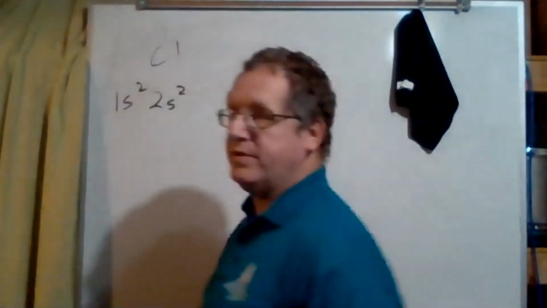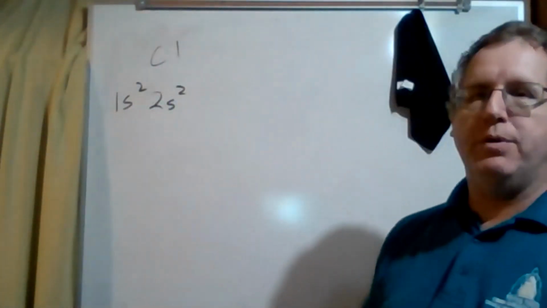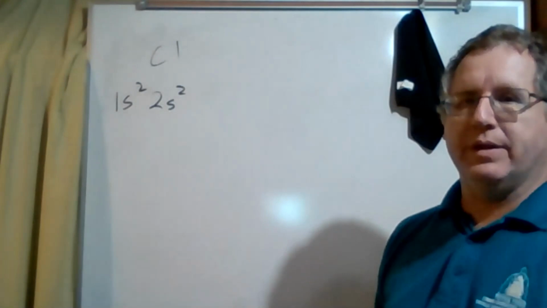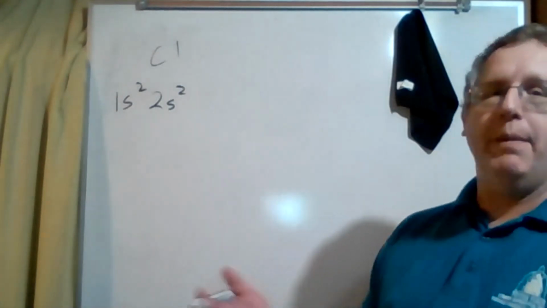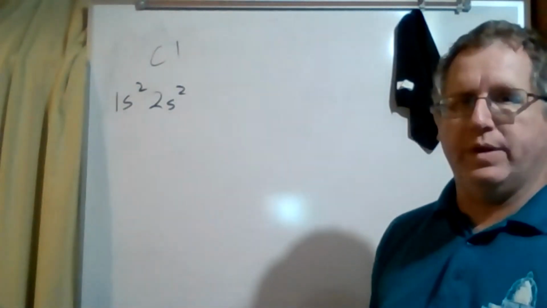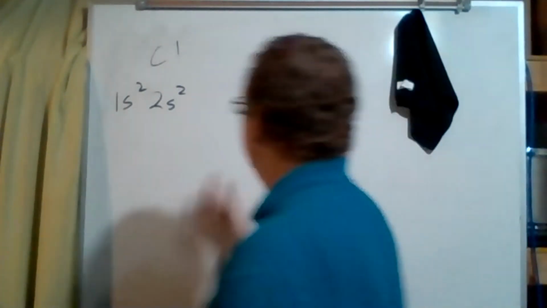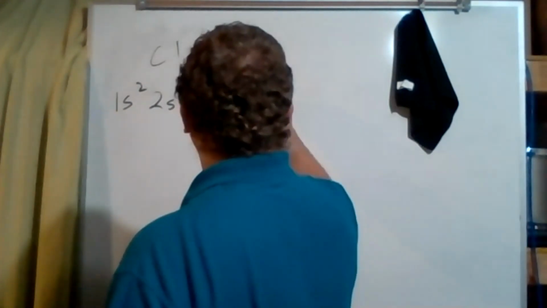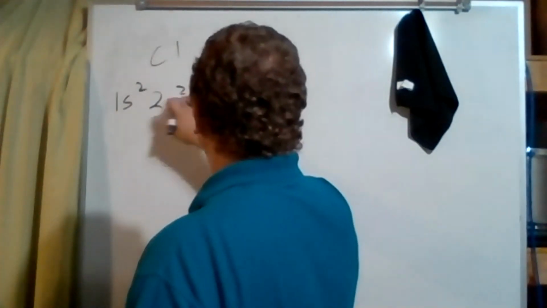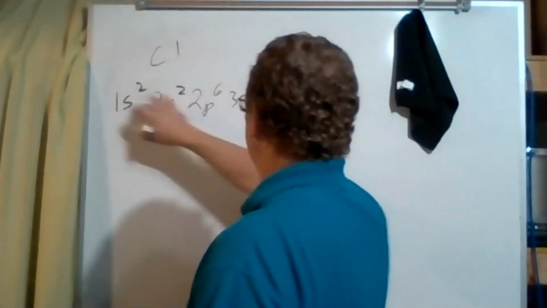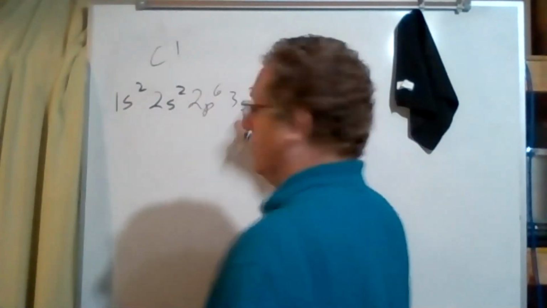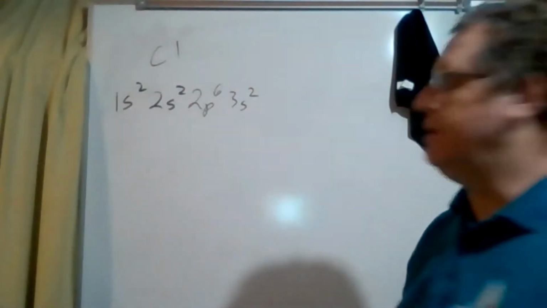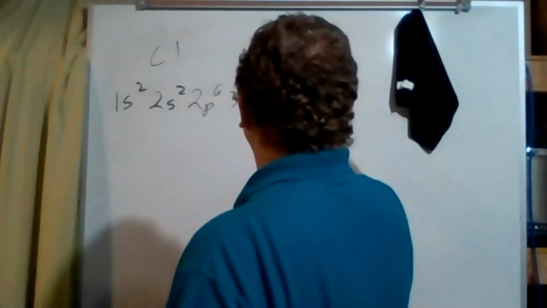The 2s is going to have 2 electrons. Your book goes through a little diagonal filling diagram, but I prefer to just know the order of increasing energy. 2p, which is going to have 6, and we're going to have 3s, which is going to have 2. 2 and 2 is 4, and 6 are 10, 11, 12. I need 17. There's 5 more, so that's going to be in the 3p.